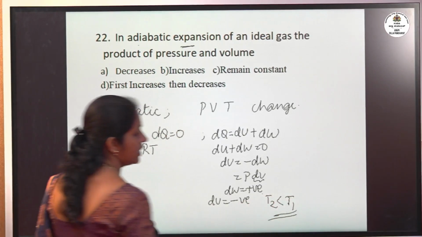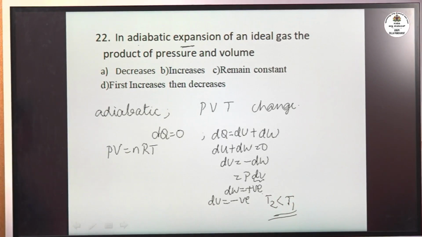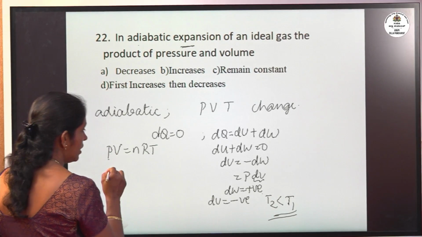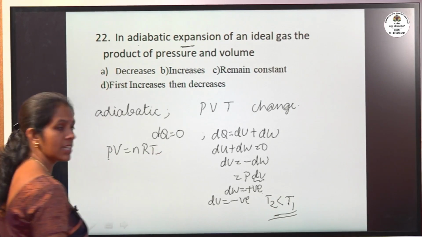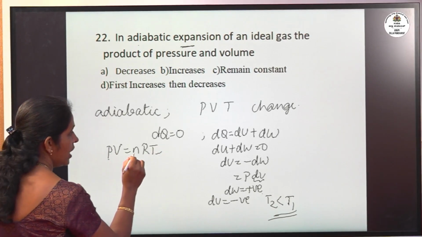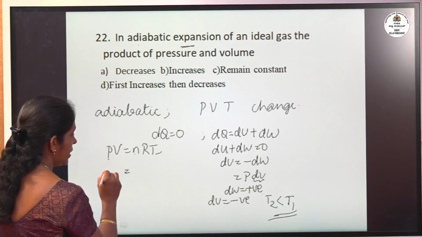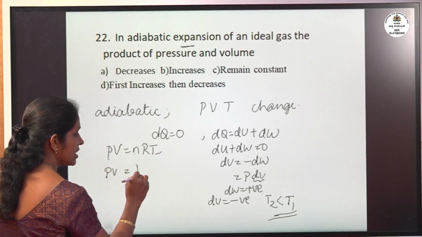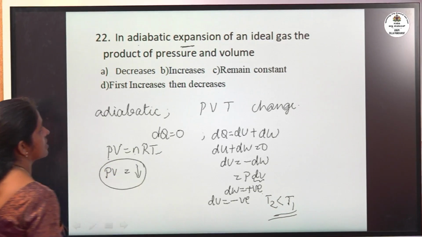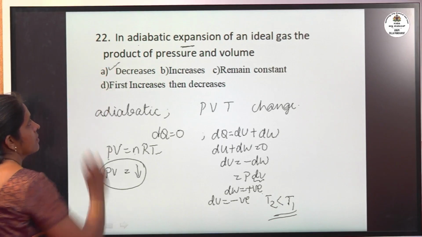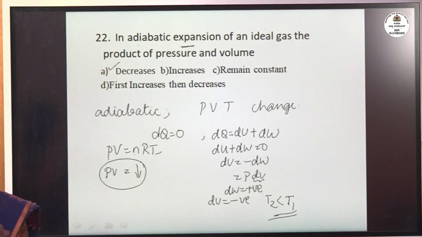That means final temperature is less than initial temperature. We have PV is equal to nRT. Since final temperature is less than initial temperature, and n and R are constants for the given gas, PV decreases as temperature decreases. The product of pressure and volume decreases. Option A is the correct answer.